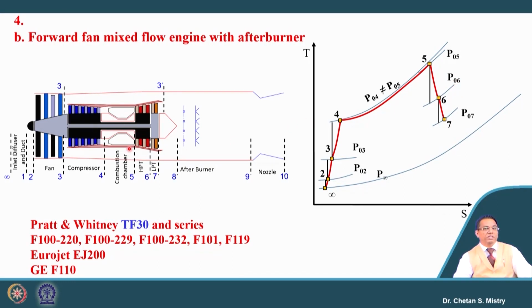Now, in this case, this particular section is what we are putting as our mixing chamber. So, in the last lecture we have discussed the mixing process, and it will be happening at some constant pressure. We can say it is at P08, and what is our requirement?